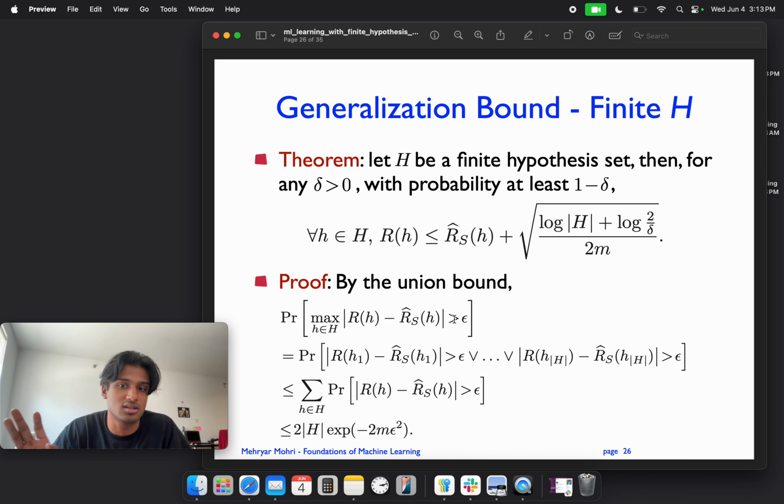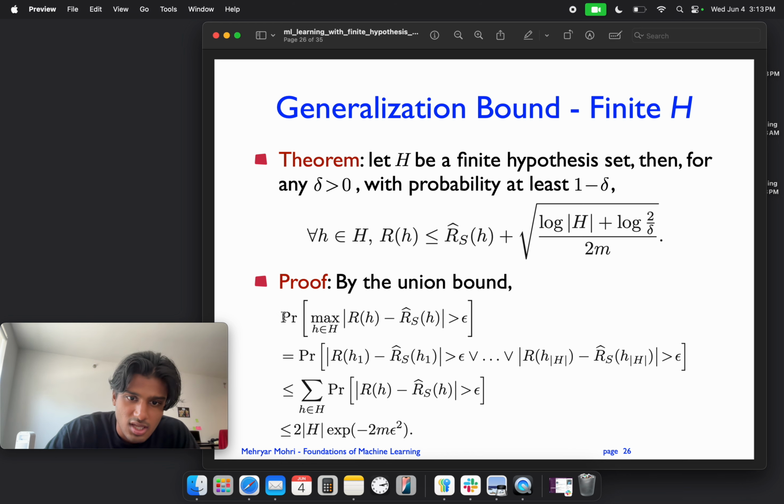Again, we are going the same route which we have seen so far. If we look at the reverse of that event, that the worst possible hypothesis is less than epsilon, that means whatever hypothesis our algorithm has returned will definitely be less than epsilon because the worst is also less than epsilon.